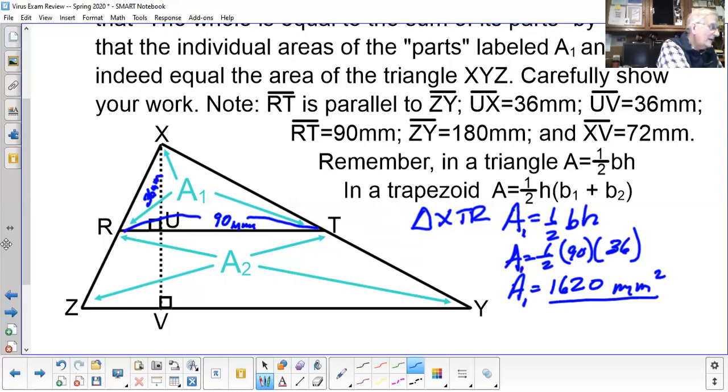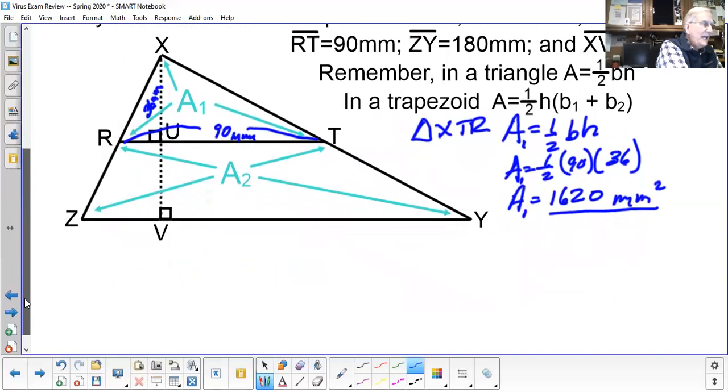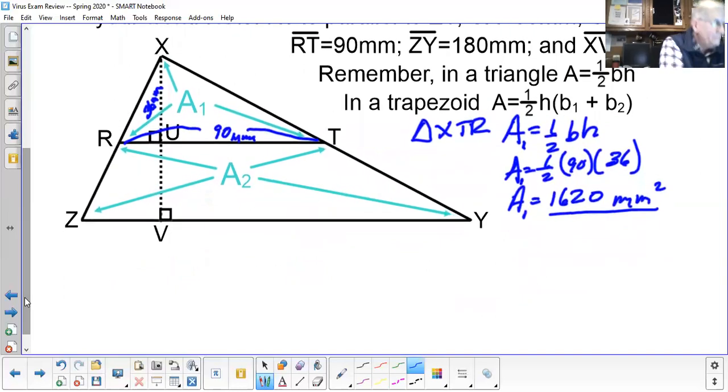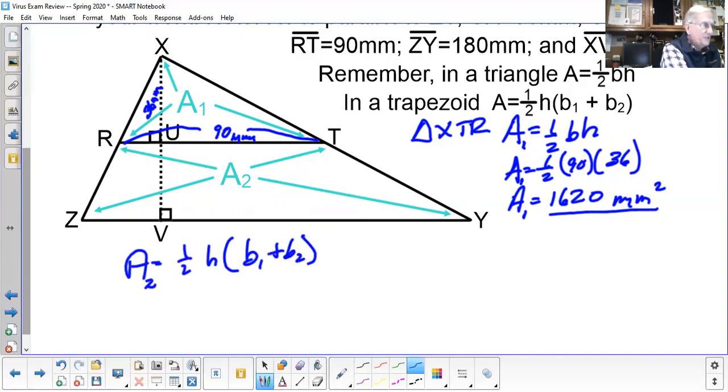All right, let's tackle area number 2. Well, that's a little harder figure. It's a trapezoid, but to get its area, all I have to do is use its area formula. This is for area 2. It is 1/2 its height multiplied by the sum of its bases.